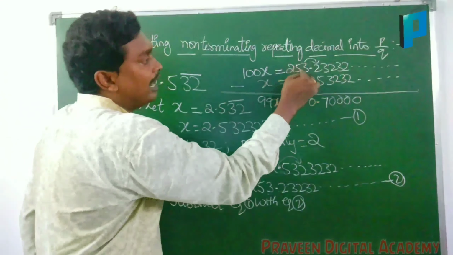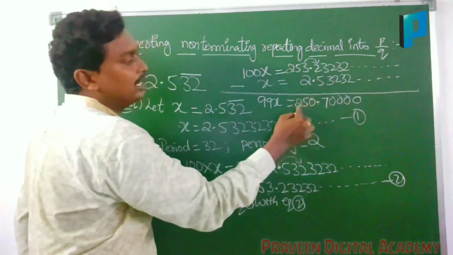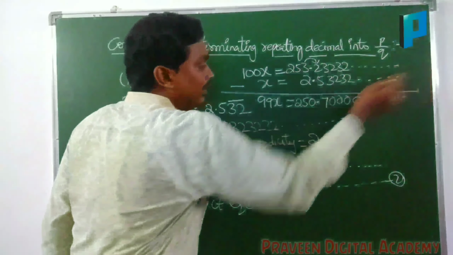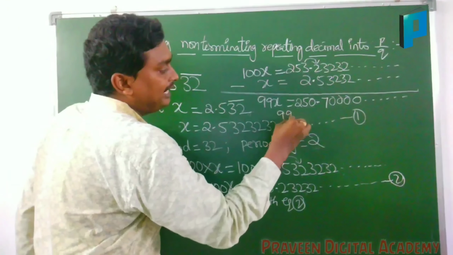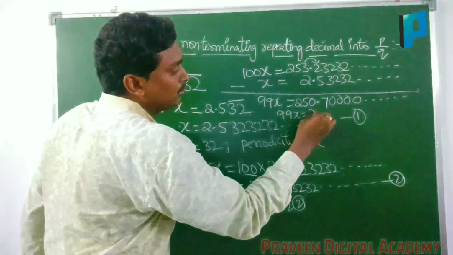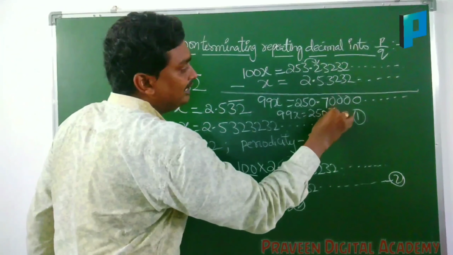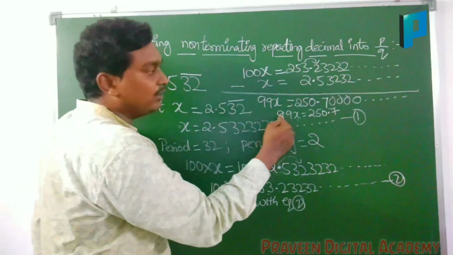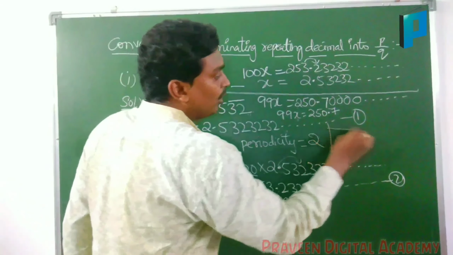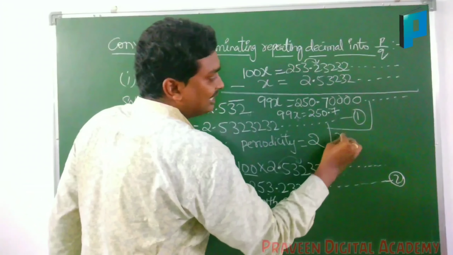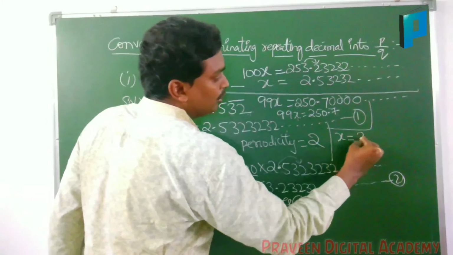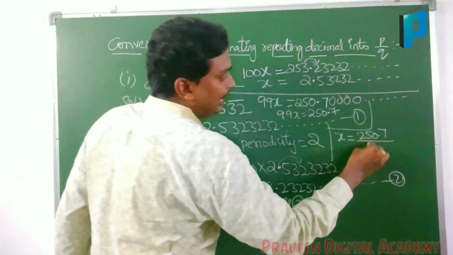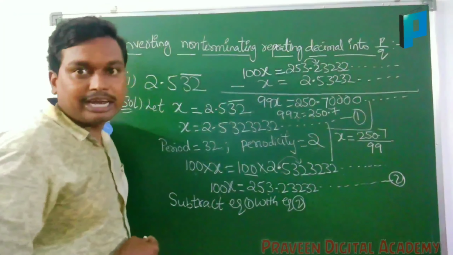You will get 250.70000 and so on, all zeros. So 99x is equal to 250.7, and x is equal to 250.7 by 99.